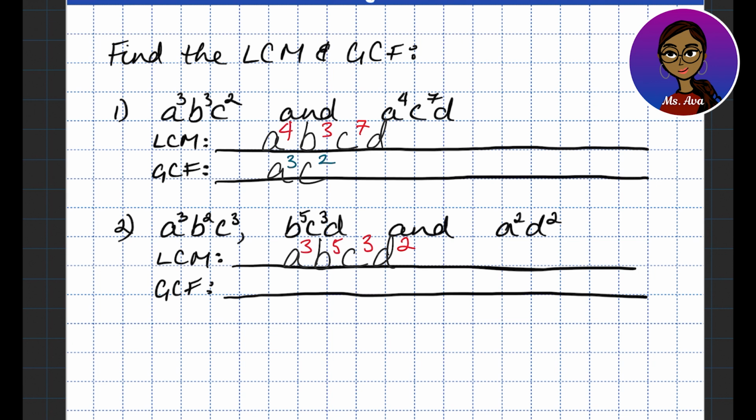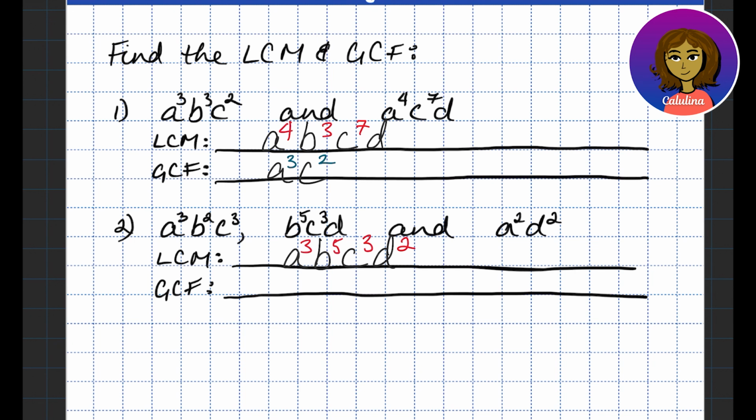Excellent. Okay, and then tell me about the GCF. Which bases should I write down for that? You can write down an A and wait, an A. But this group doesn't have an A. Oh, okay. So it has to be in everything. Yes. Okay.